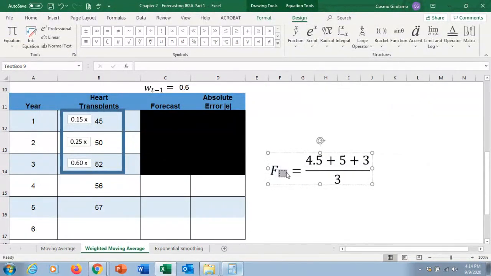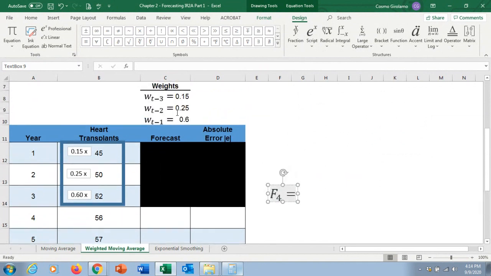So in F4, what do we do? We're going to start with 0.6, which is our weight for the previous period.